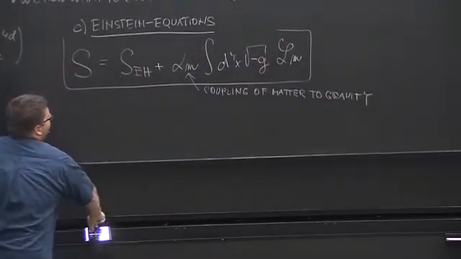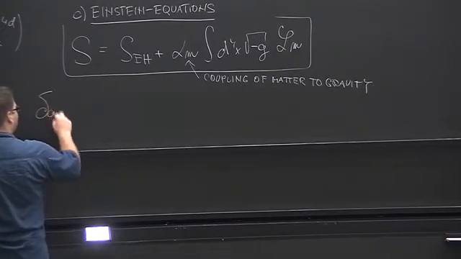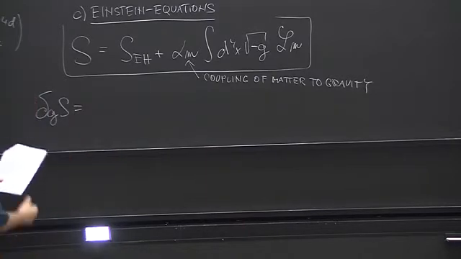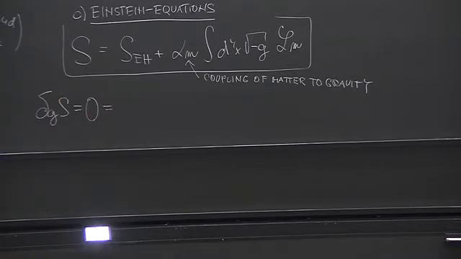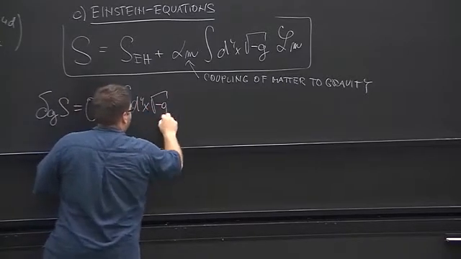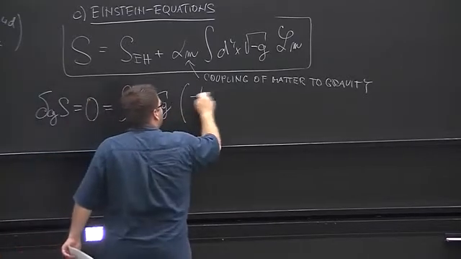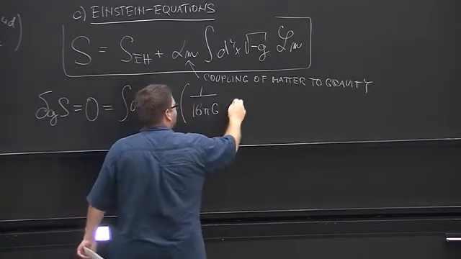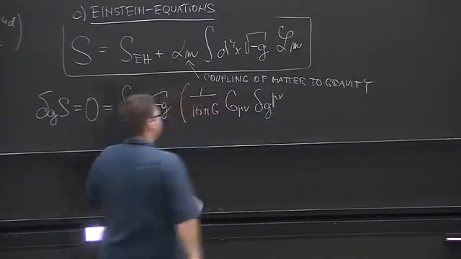Well, and then if you vary this with respect to the metric, the variation of S, of course, has to be equal to 0 by the action principle. So we know already what the variation of the Einstein-Hilbert action gives me. And so it gives me the integral d4x square root of minus g, and then 1 over 16 pi G, G mu nu, delta g mu nu.